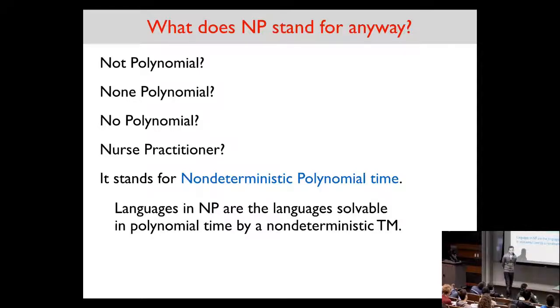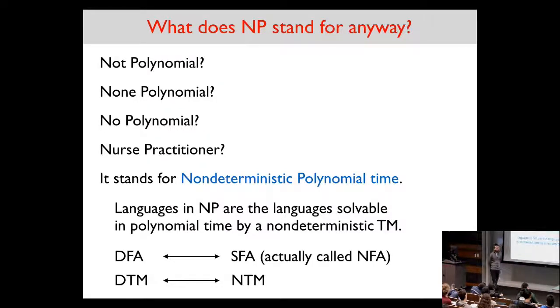We did not cover non-deterministic Turing machines, and we're not going to cover them. But you can think of it as follows. When we talked about DFAs, deterministic finite automata, in the homework you had SFAs, finite automata with super magical superpowers. These are actually called NFAs in the literature. N stands for non-deterministic.